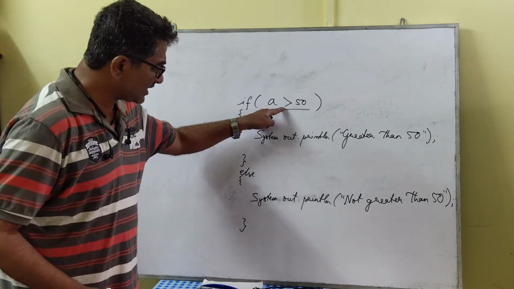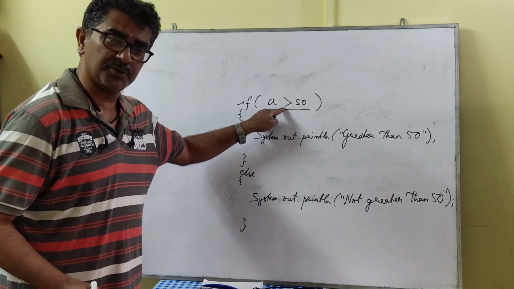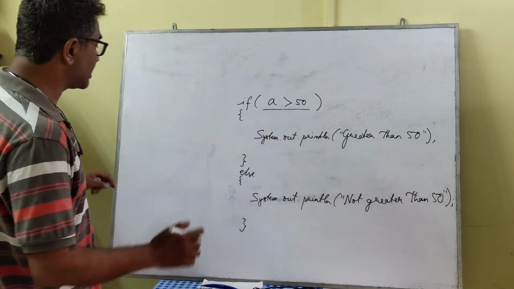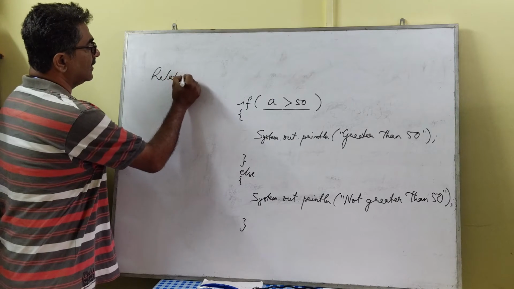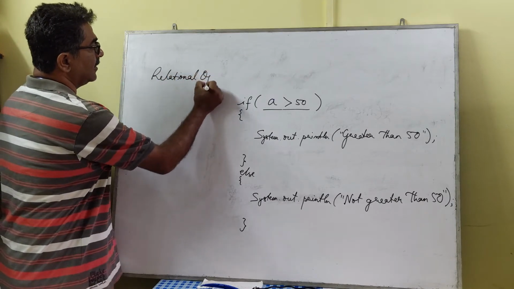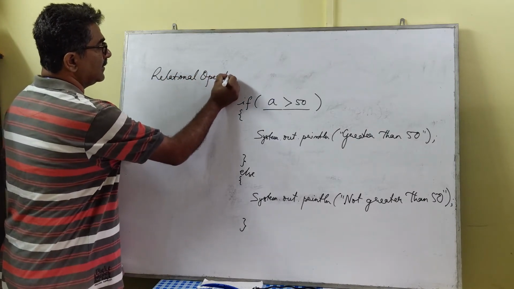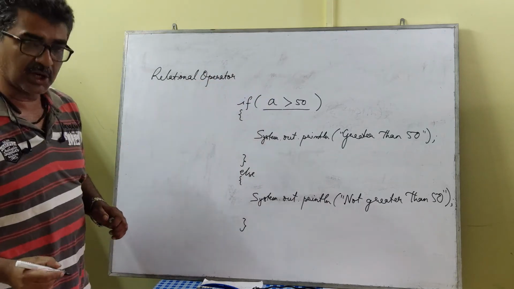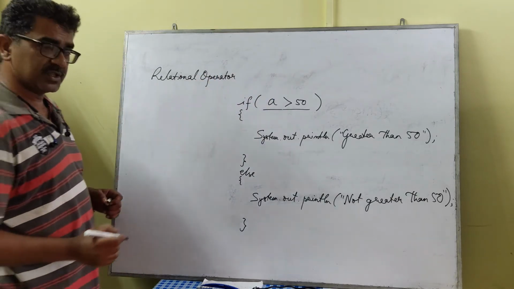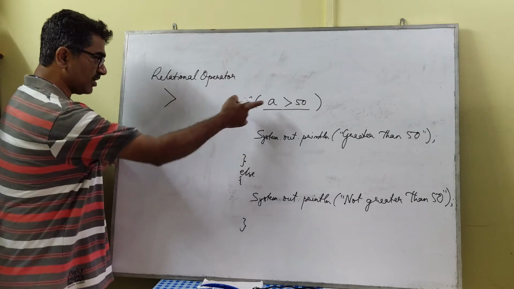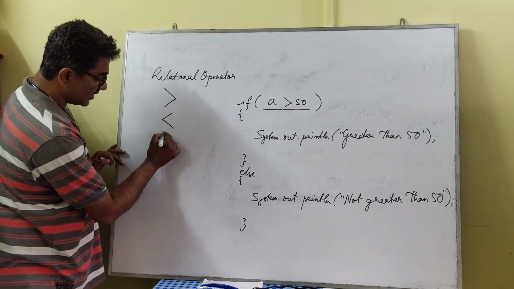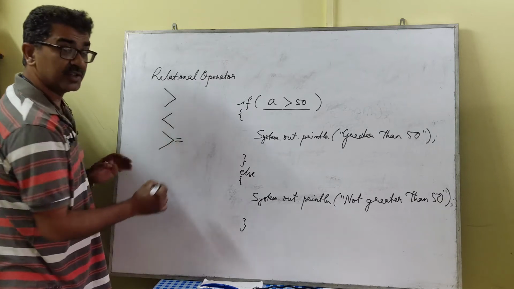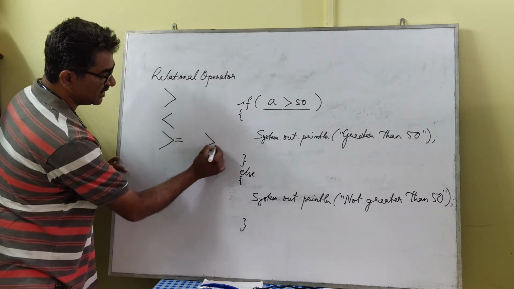Now this greater than symbol which you see out here, which we also use in mathematics, is called a relational operator in Java. Few relational operators which we use in Java are greater than, which you have already seen in action, less than, greater than or equal to, which in mathematics we write something like this.